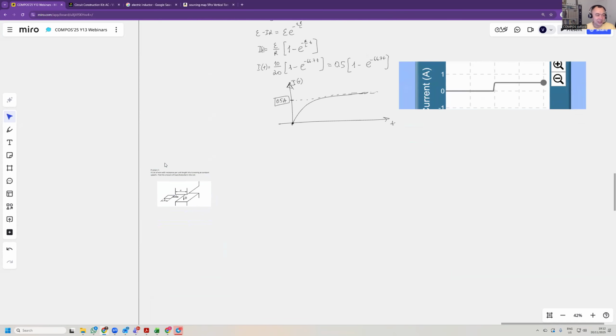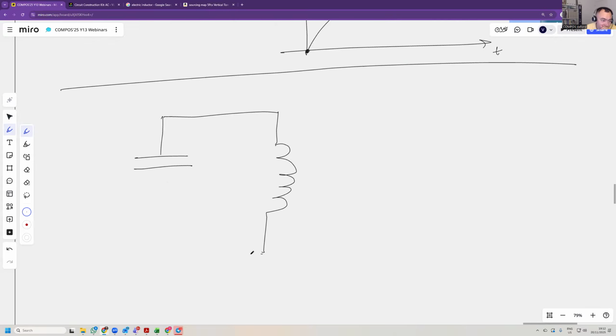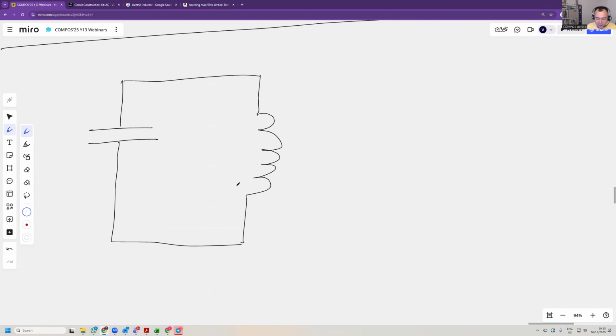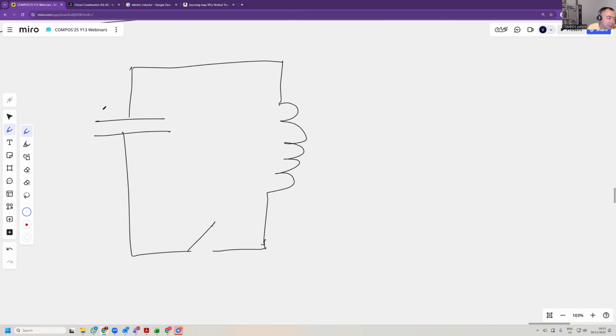So imagine you have a capacitor and you have a coil. Of course, you need a switch, because without a switch it just doesn't work. You have a capacitor and the coil, and imagine the capacitor is charged.